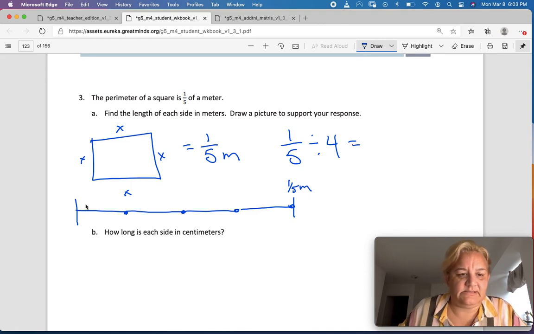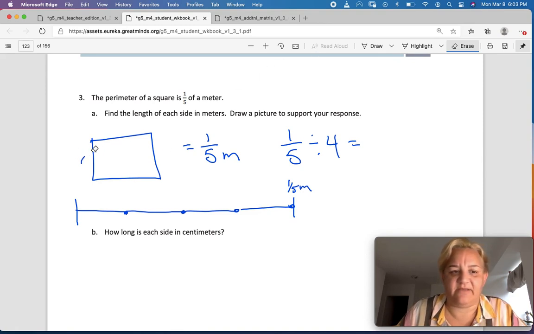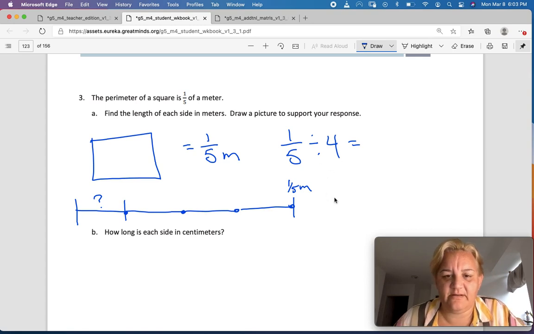Okay, so what does one side equal? Because I just divided it by 4. So what does 1 equal? Okay, 1/5 divided by 4. So let's see. This is me thinking.